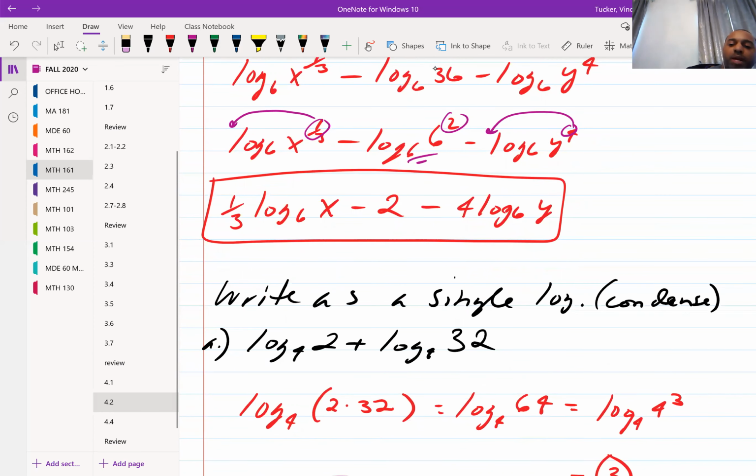2 times 32 is 64. Now I have a log base 4. So if I can rewrite 64 as a power of 4, then that will help me to simplify further.